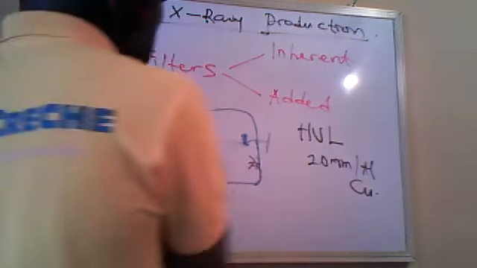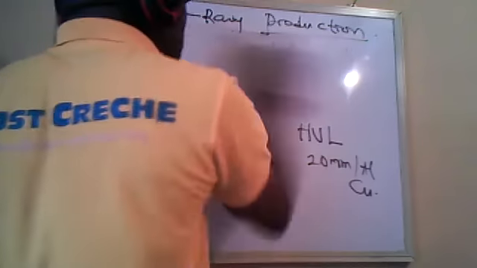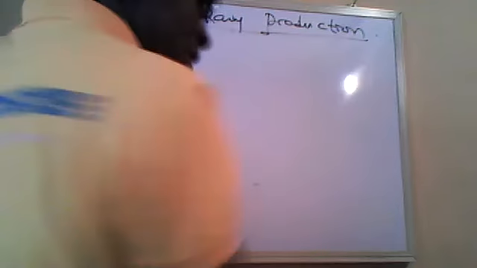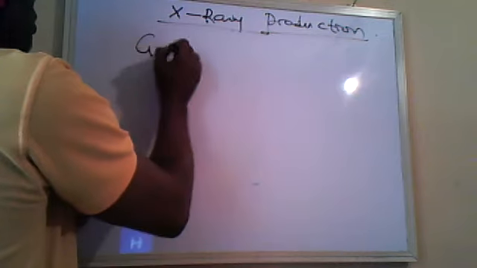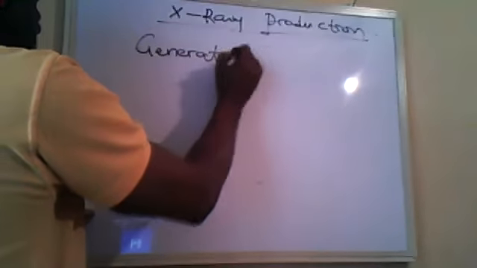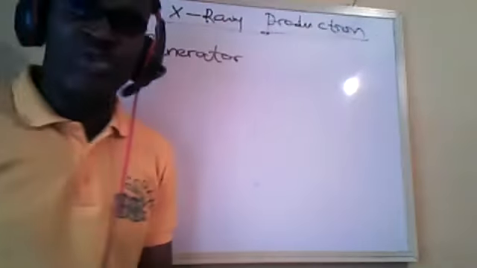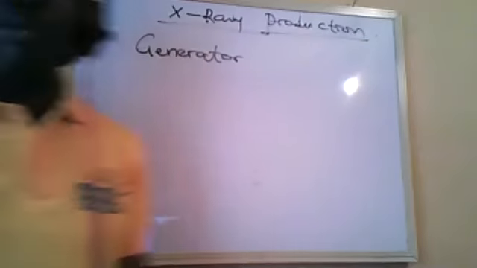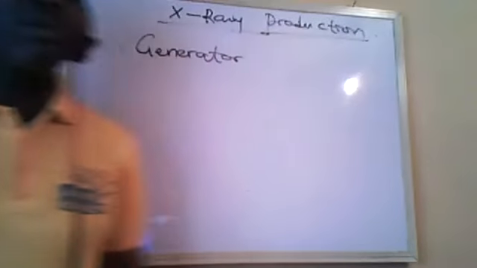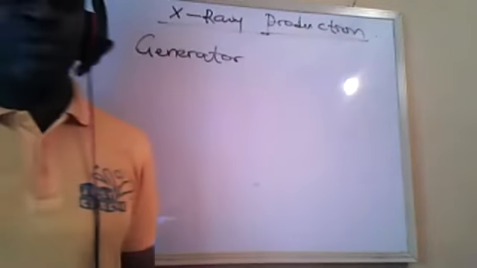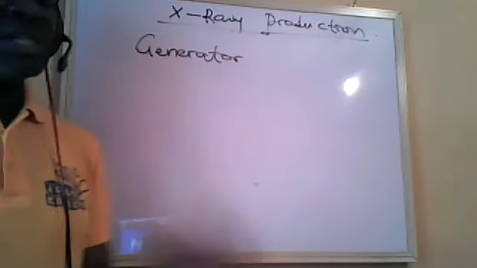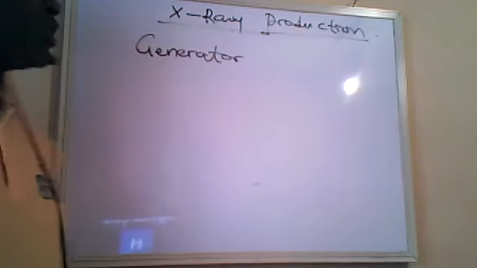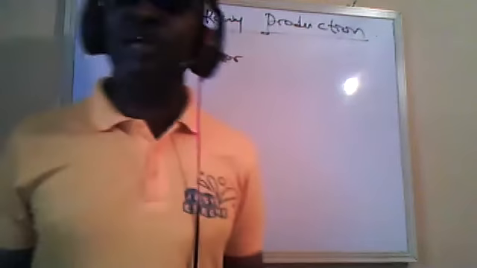Then, another component of the X-ray tube is the generator. This is a very, very important aspect. When you go into an X-ray room, you always see the generator maybe at the side of the room, at one of the four corners, dedicated, or at times it might be housed not in the X-ray room but somewhere else. The generator is that which supplies power to the X-ray tube.